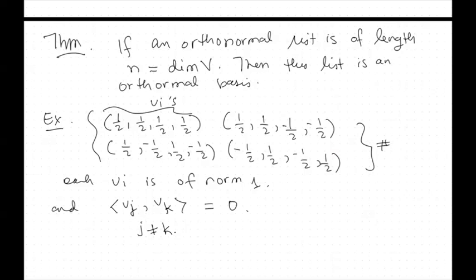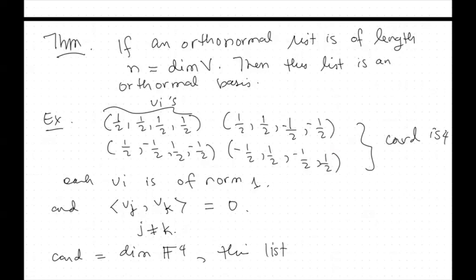Let me write it: the cardinality is 4, and the length of the list is equal to the dimension of F^4, and so this list is an orthonormal basis.